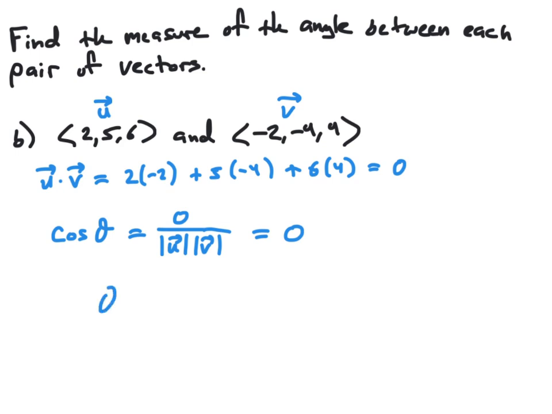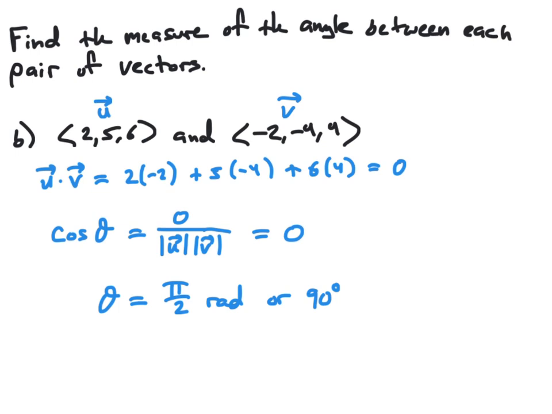And therefore, theta will be the angle whose cosine is 0, and so it'll be pi over 2 radians, or 90 degrees. So the angle between the vectors (2, 5, 6) and (-2, -4, 4) will be pi over 2 radians, or 90 degrees.